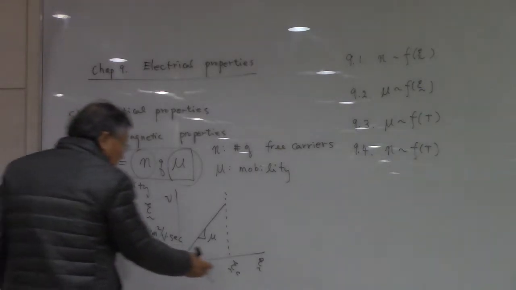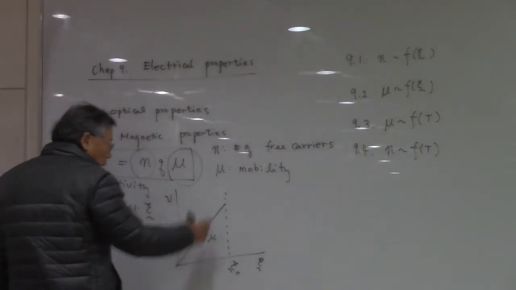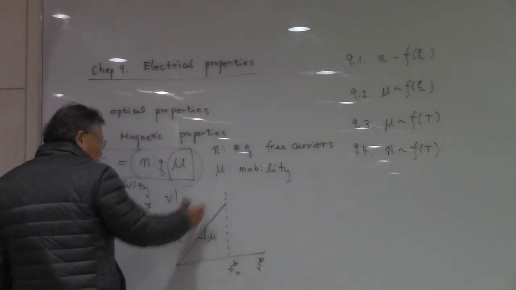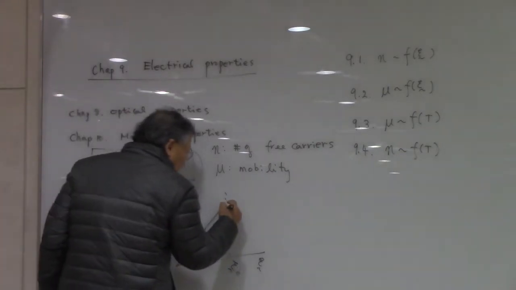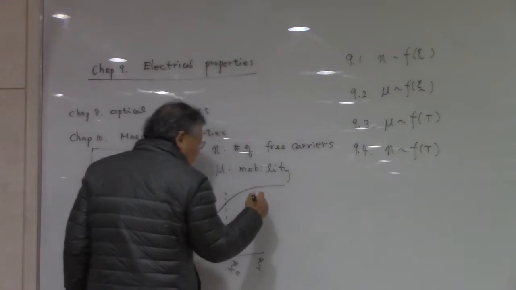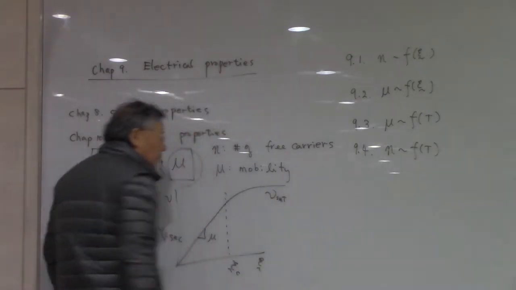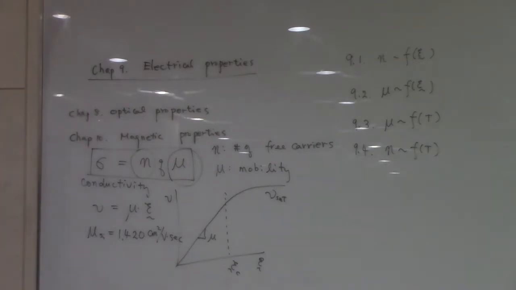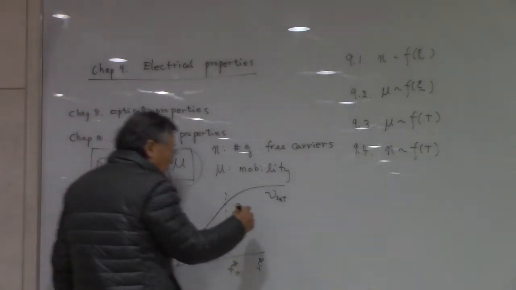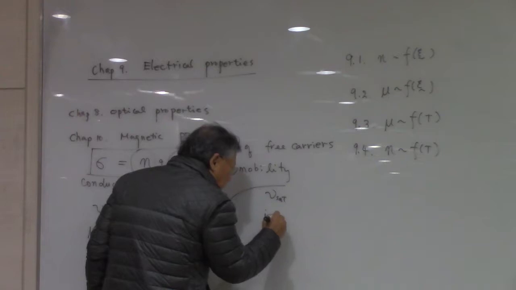And after the critical electric field, it is no longer a straight line, and the velocity is supposed to saturate.